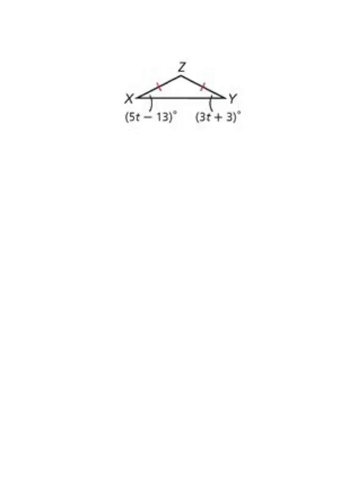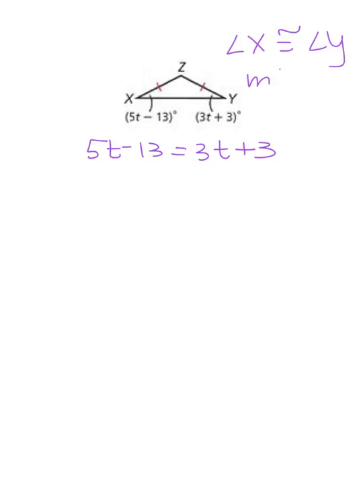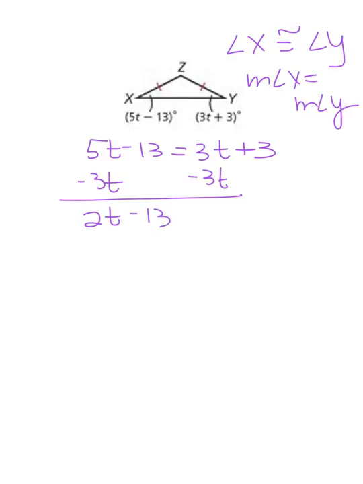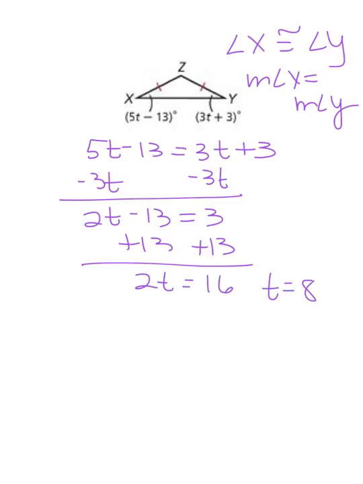So I can say that 5t minus 13 is equal to 3t plus 3, because angle X is congruent to angle Y. Let's solve this. Subtract 3t from either side, and I have 2t minus 13 is equal to 3. Add 13, and I have 2t is equal to 16, so I know that t is equal to 8.